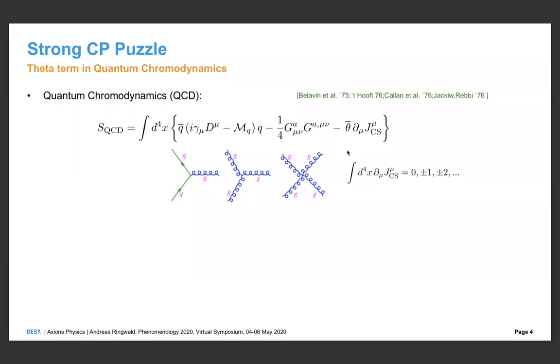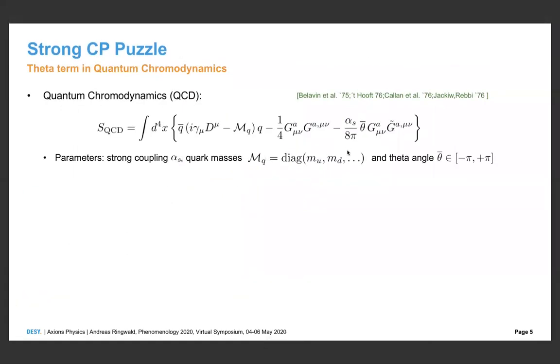This means that quantum chromodynamics is not only determined by the strong coupling and the quark masses, but there's a further parameter, namely the theta angle, which can have a value between -pi and +pi, and so it's just a matter of determination of this angle in order to know what quantum chromodynamics is.